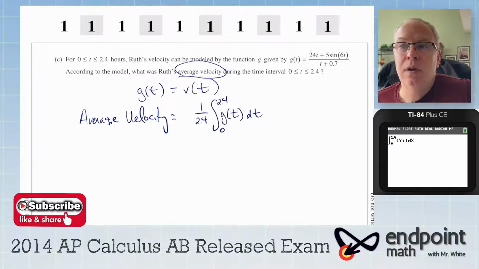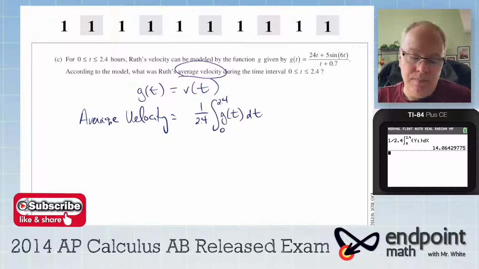Now don't forget, we are going to need to divide this. If you look at my whiteboard there, we have 1 over in the front. I'm going to insert 1 over 2.4. So don't forget to divide by 2.4 after you get your answer.